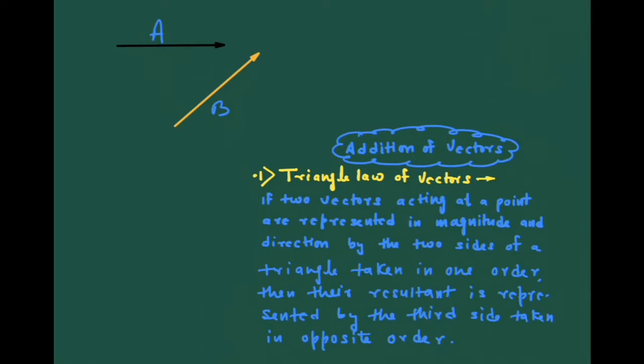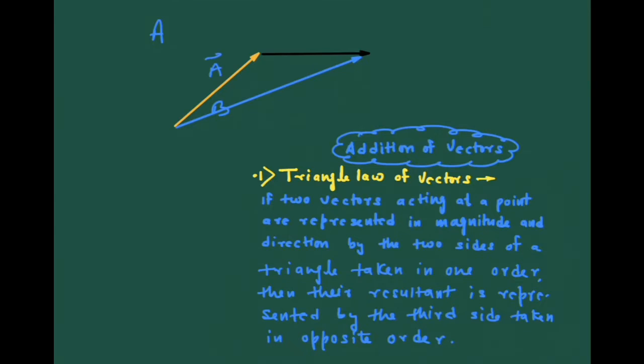Consider two vectors A and B. Now represent A and B as two sides of a triangle taken in same order. Then as per law, if we have A and B vectors as two sides of triangle, the resultant is given by third side taken in opposite order.